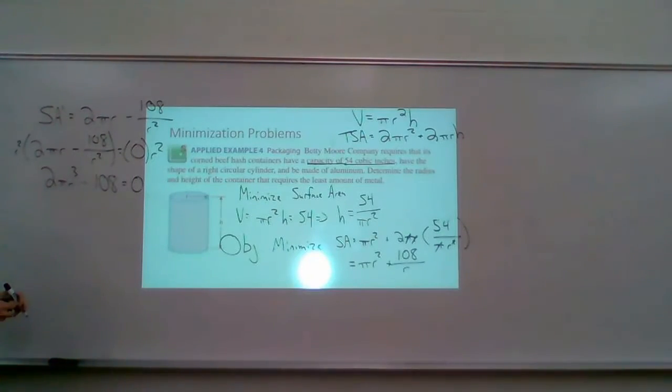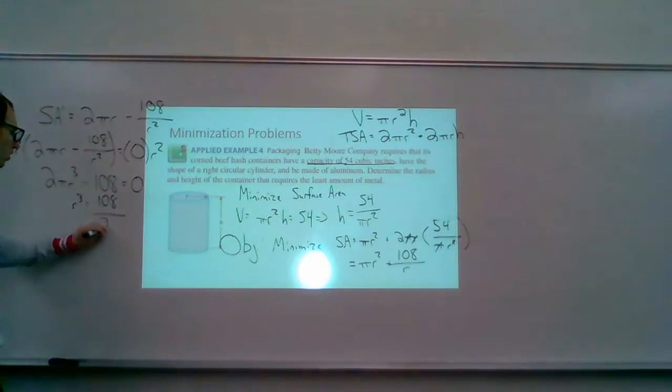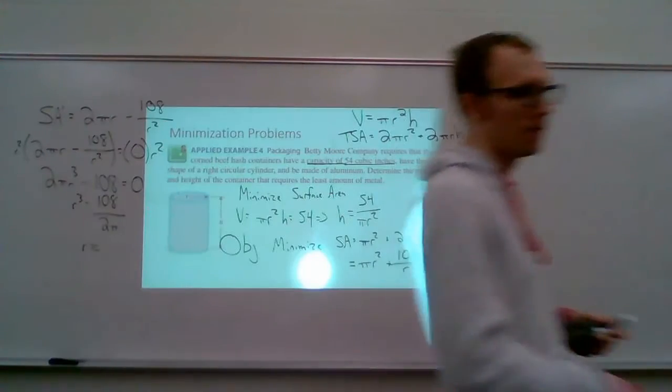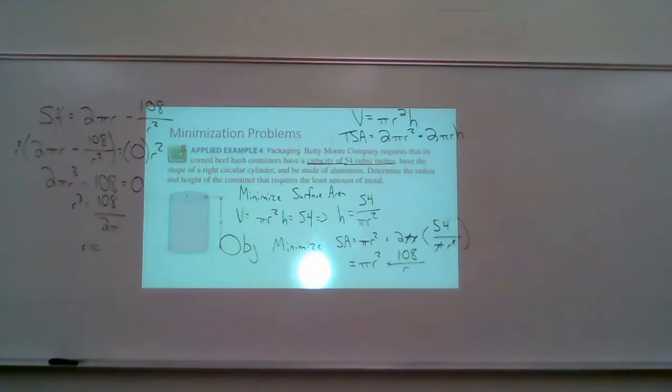Let's see here. No, it's good. We're good. So 2 pi r cubed is equal to 108, so r cubed is equal to 108 over 2 pi. And so r is going to be about what? We'll have to take the cube root here of each side. Let me get a calculator to do that with. 108 divided by 2 pi.